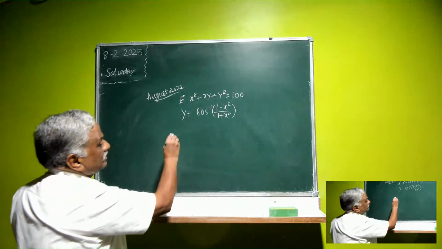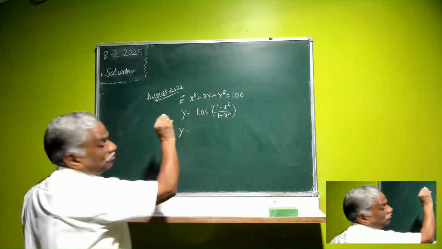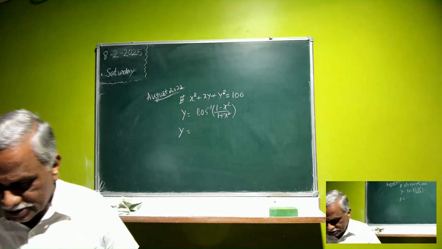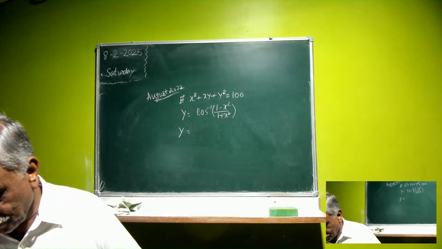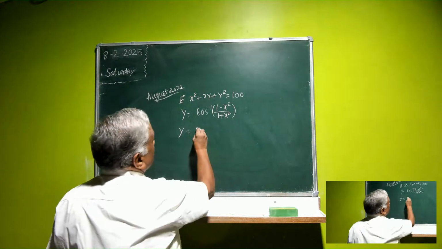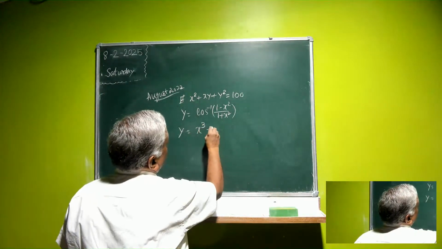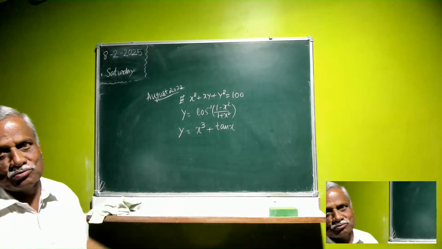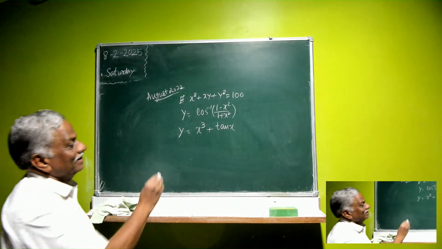Then there were 3 problems again. There are 3 questions of 2 marks that particular year, that is August 2022. Y is equal to x cube plus tan x. Okay, 2 marks is too much for this, but they've asked it anyway.